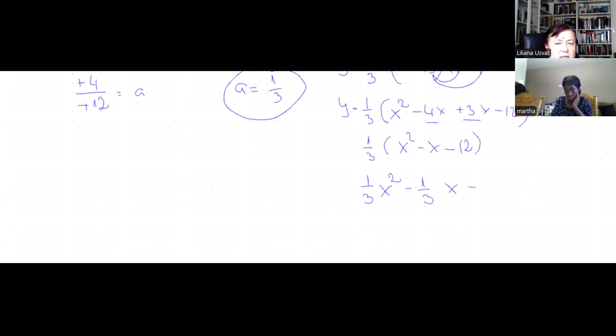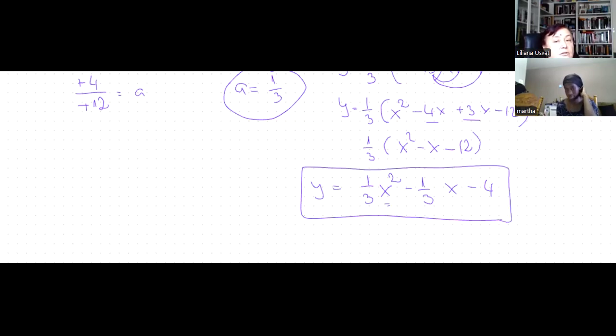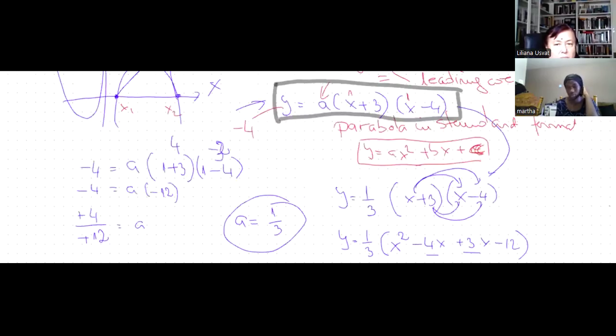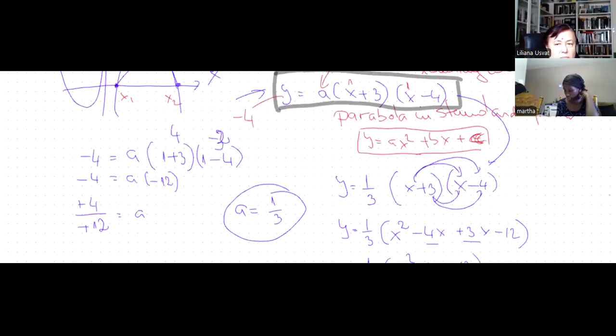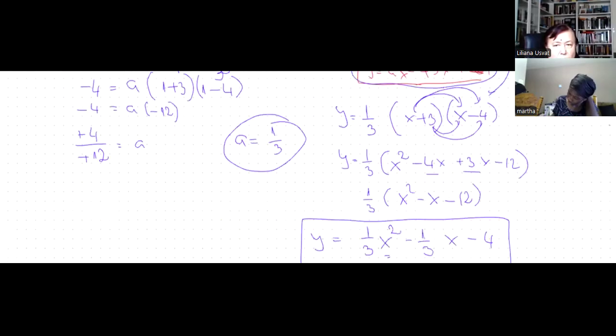So this is a parabola. It is a parabola because we have an equation of second degree in standard format, because this is standard format. Okay.